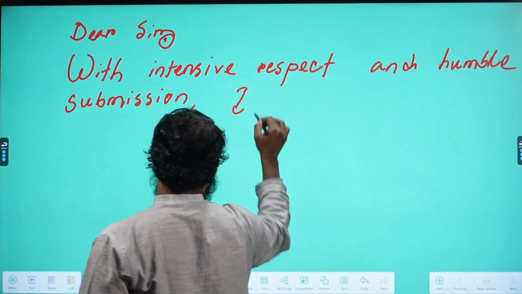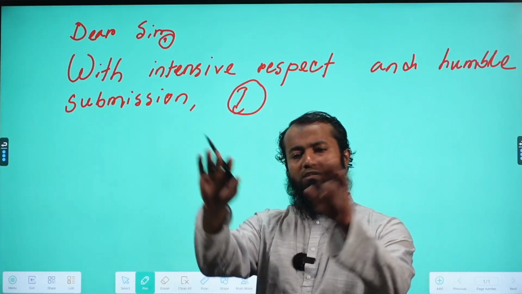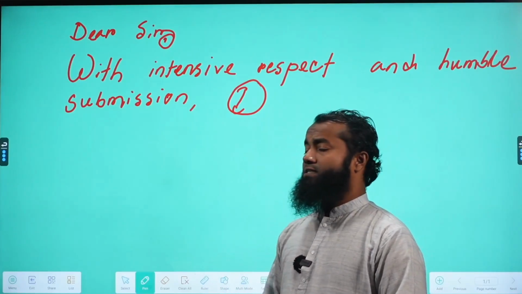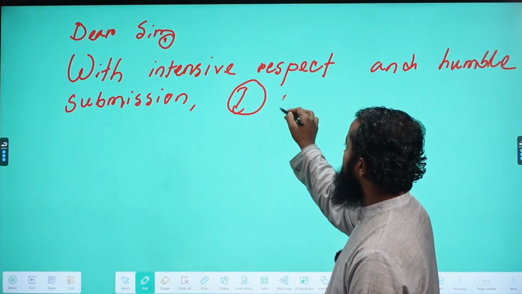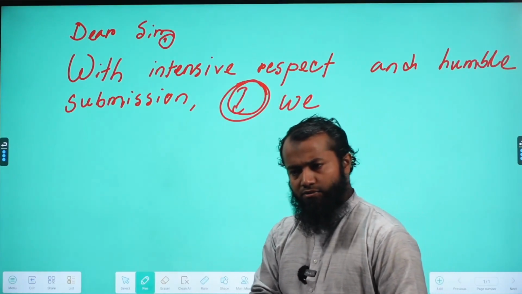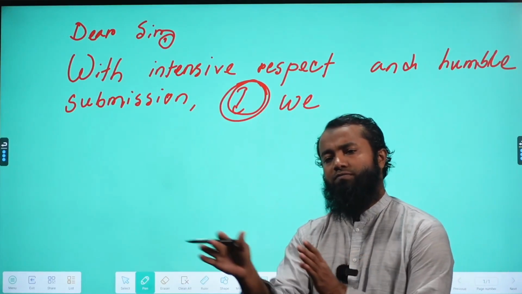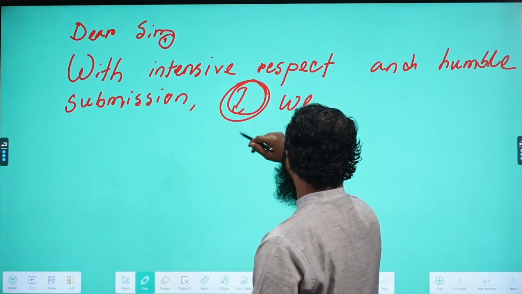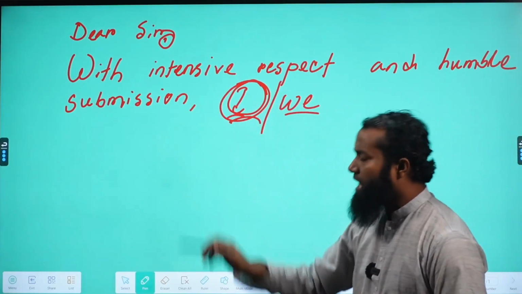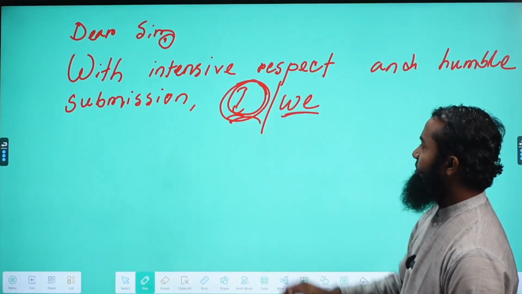Then, if you write for yourself, you can write just I, and if you're writing the letter on behalf of all the students, then you can write we, and at the end of the letter, you can include on behalf of the students. That's it.